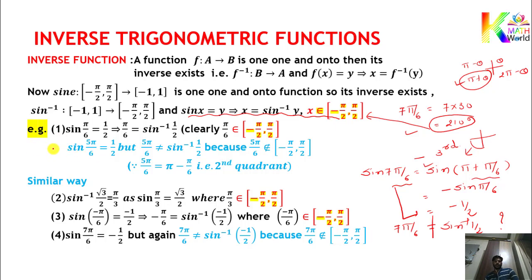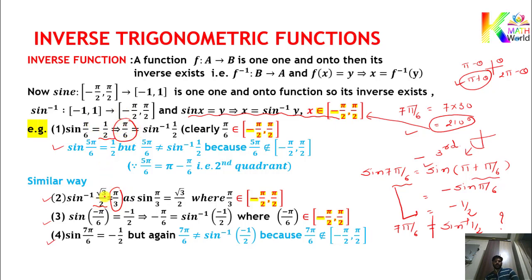If you see all these four values, then from these four values we can conclude one thing, that here you can see this is the positive value, here this is also positive value. What is the answer you got? 60 degree. What is the answer here you got? 30 degree.